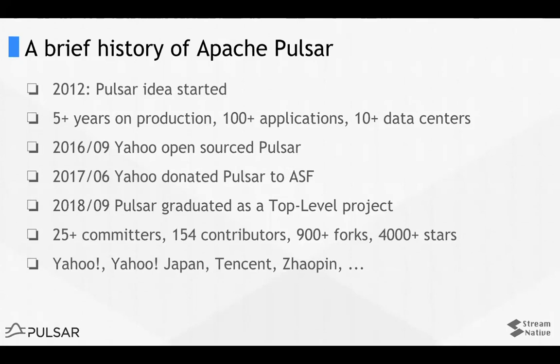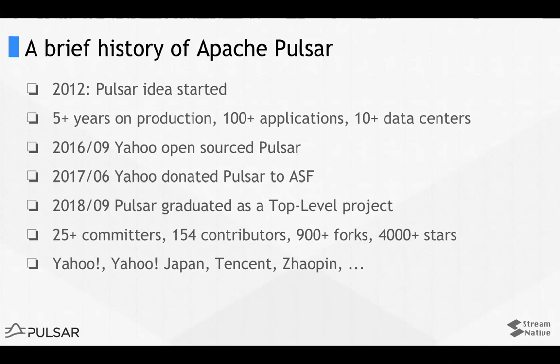Right now, it has about 25 committers from 7 to 8 companies, and about 154 contributors. We just passed 4,000 stars, and it has close to 1,000 forks.